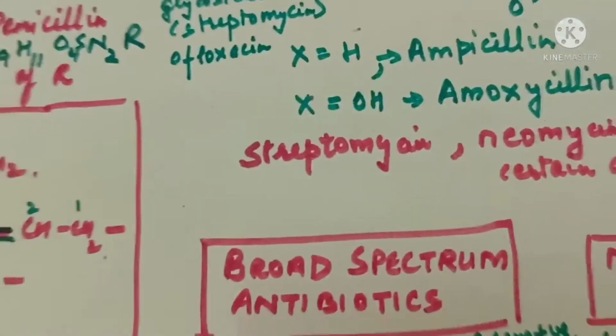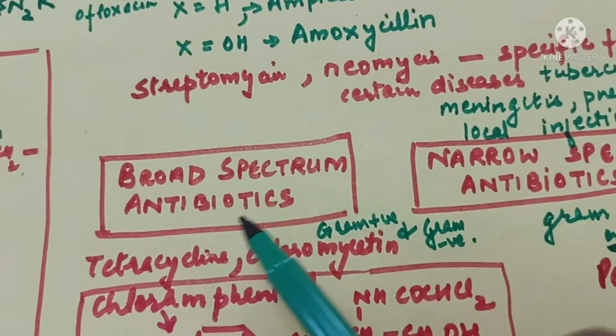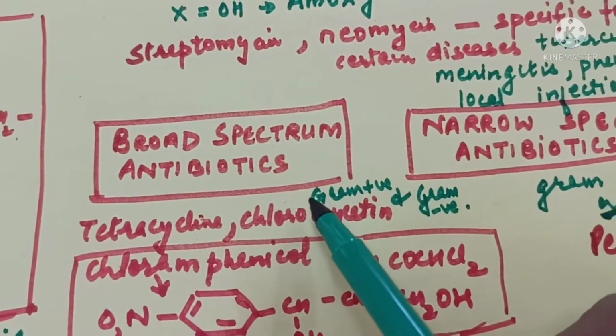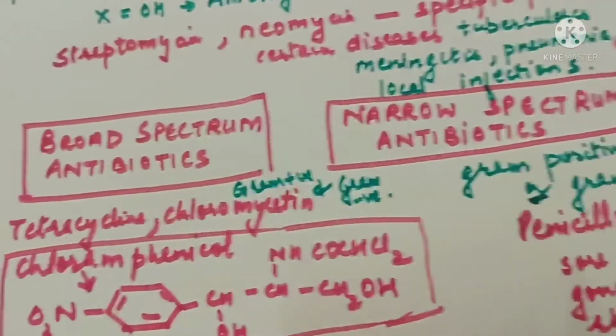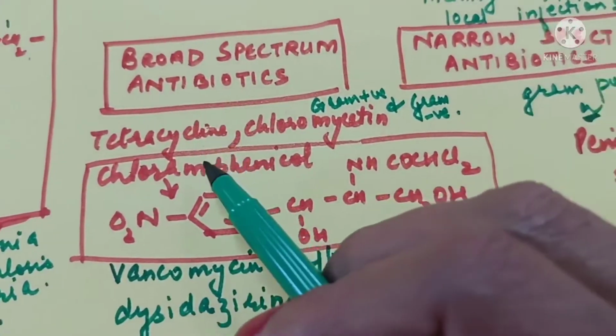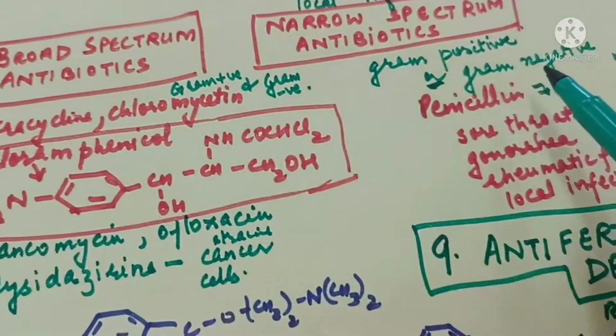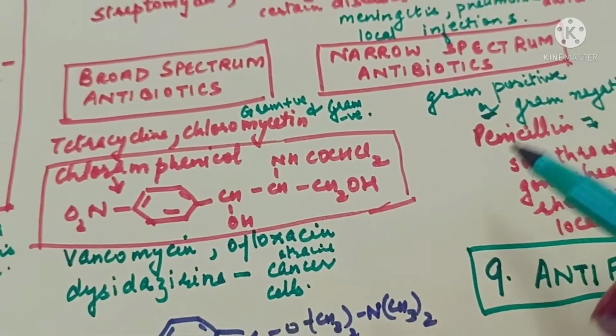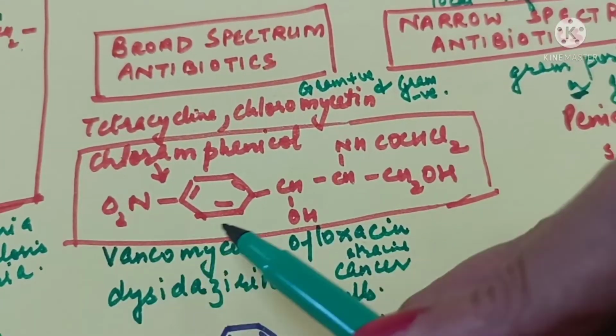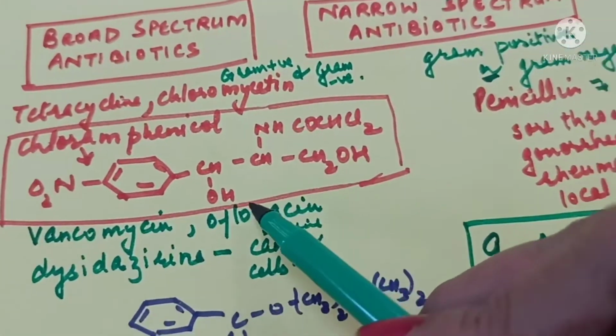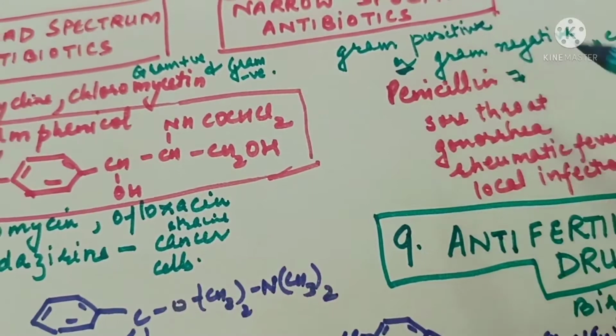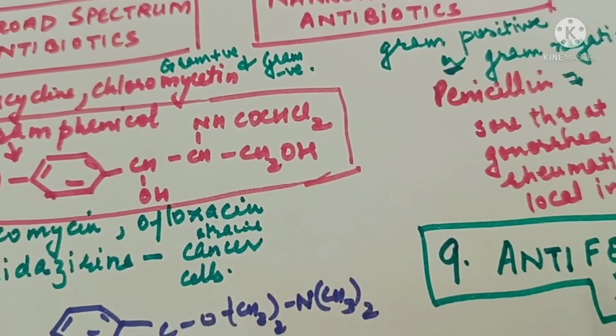So broad spectrum antibiotics are used against a variety of diseases. Limited spectrum is used against only specific diseases. Broad spectrum can act on both positive and negative. Narrow spectrum can act on either positive or negative. Chloramphenicol is an example of a broad spectrum antibiotic, and penicillin is an example of narrow spectrum antibiotic.